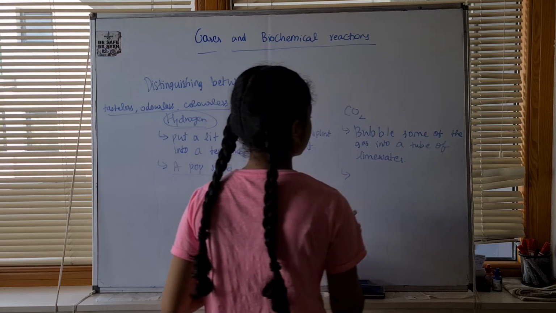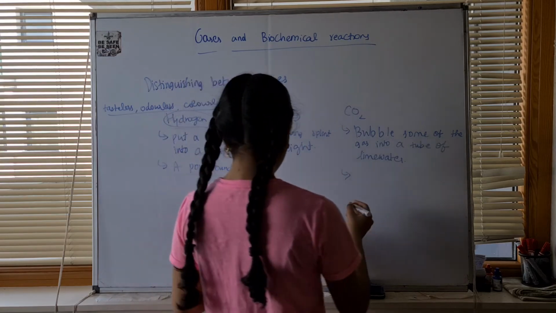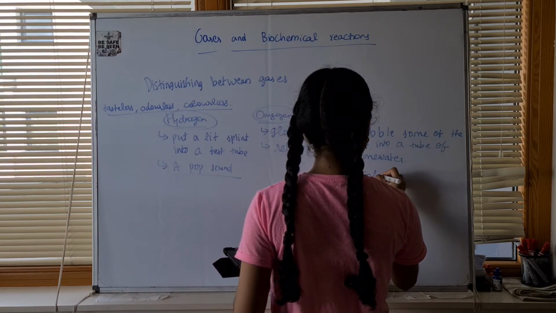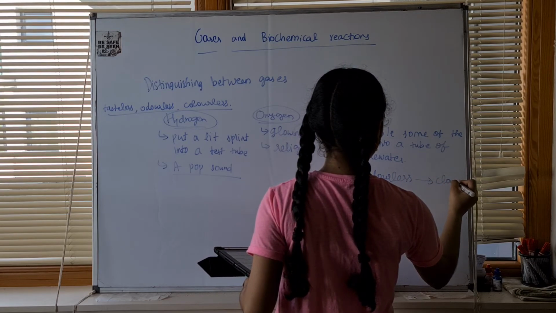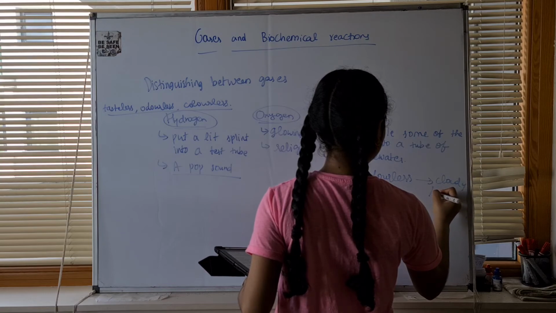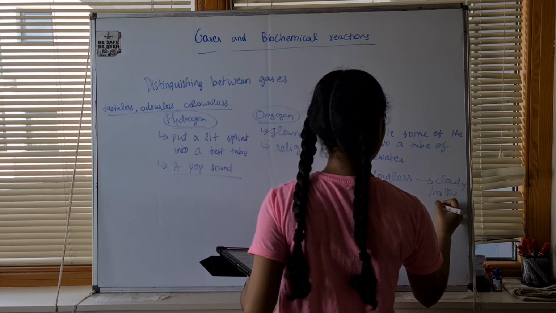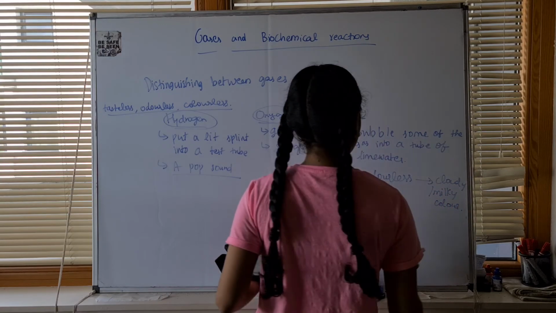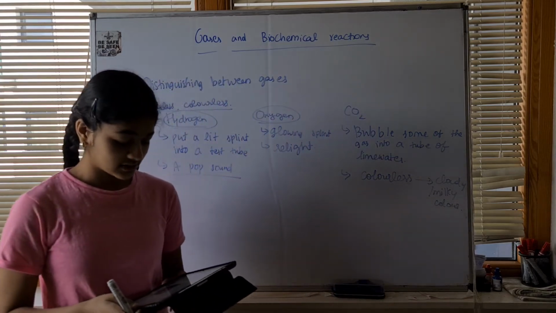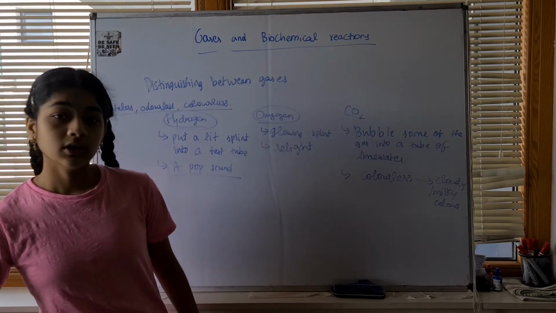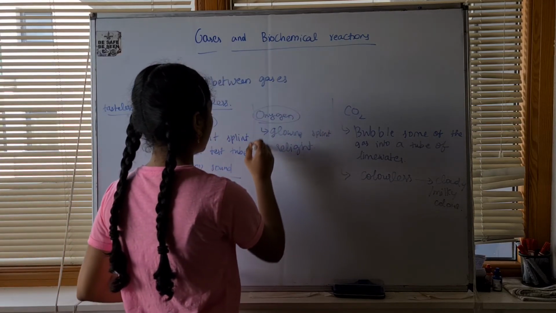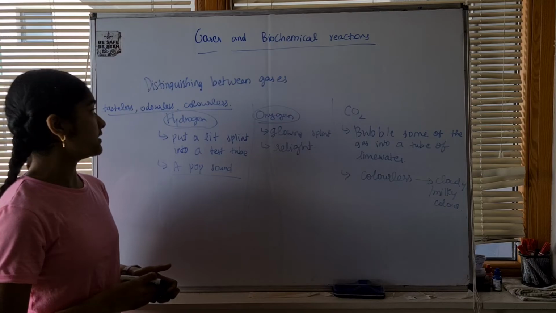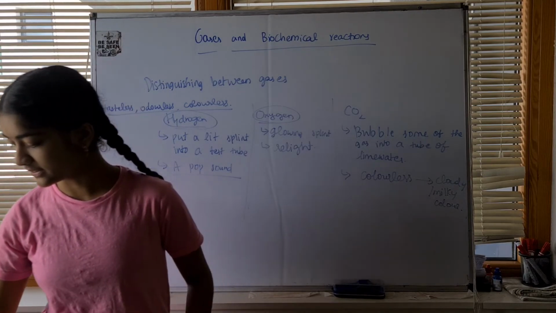What happens is this lime water will go from colorless to a milky color, like a cloudy milky kind of color. And this happens if carbon dioxide gas is present in that test tube. So these are three different tests that we can use if we want to know which gas is present and if we want to distinguish between these gases.